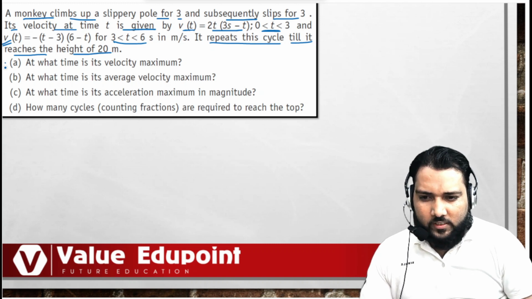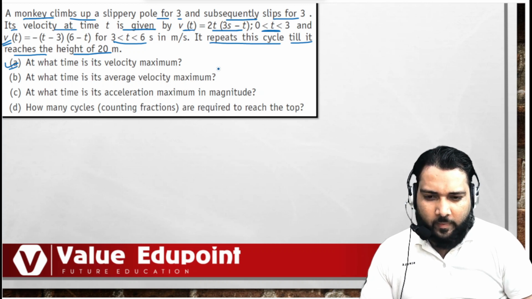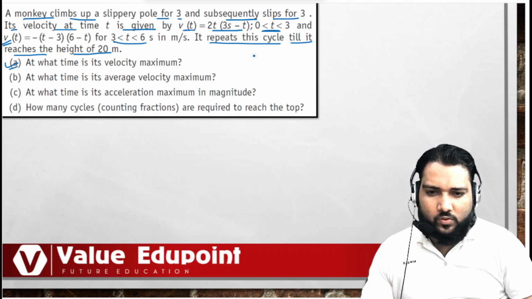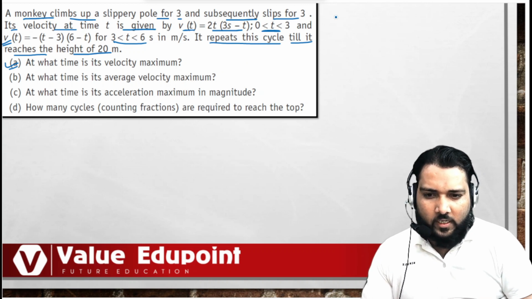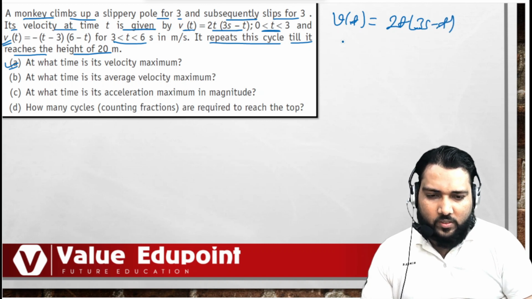So the first question is asking, at what time is its velocity maximum? I earlier told you guys, whenever you find the maximum of a function, you have to differentiate that function. So we will differentiate this function. V(t) is already given, that is 2t(3 minus t).